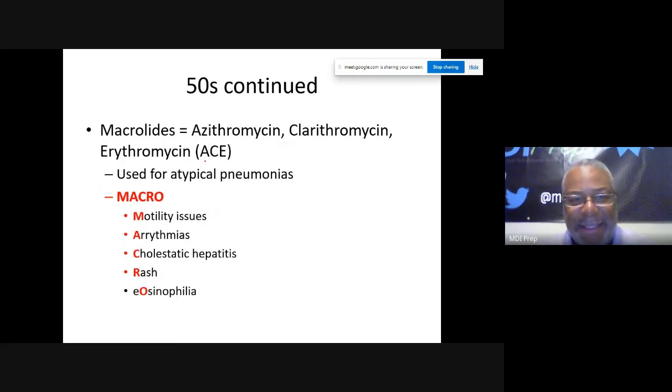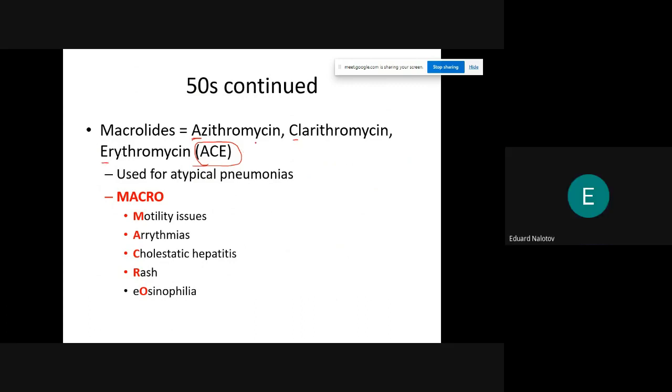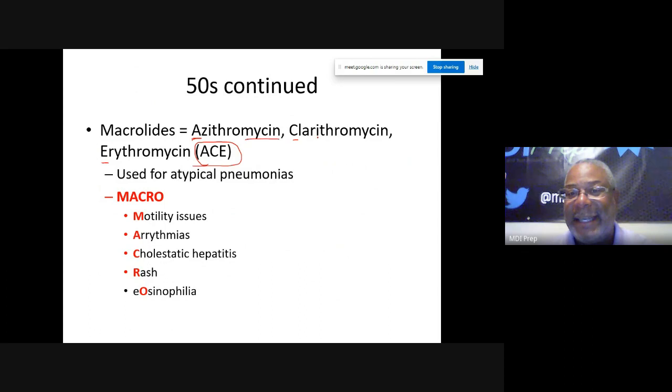So Dr. Edwards, you see this right here, ACE? That stands for azithromycin, clarithromycin, and erythromycin. All these still end in mycin though, right? Yes. But these are called macrolides. As a group, these are called macrolides, ACE.